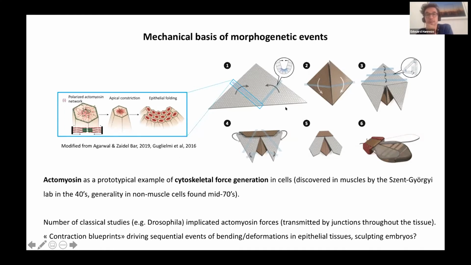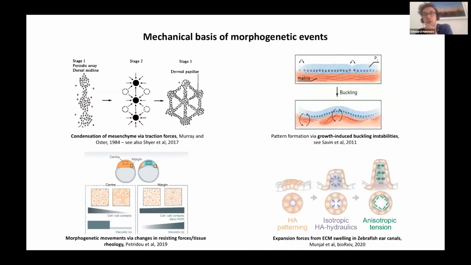So this is one example of forces from the cytoskeleton that can drive embryogenesis. There have been, of course, a number of other types of forces that have been reported, and interestingly, many of them already conjectured by these papers in the 80s and 90s.